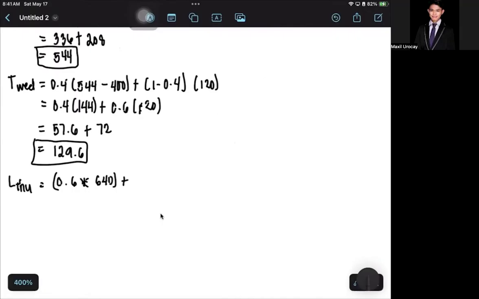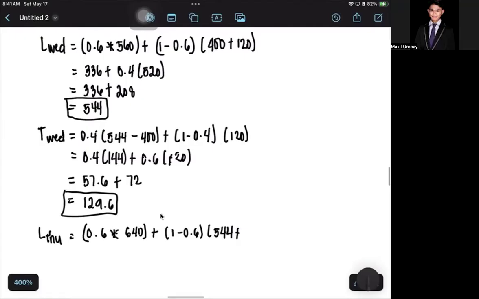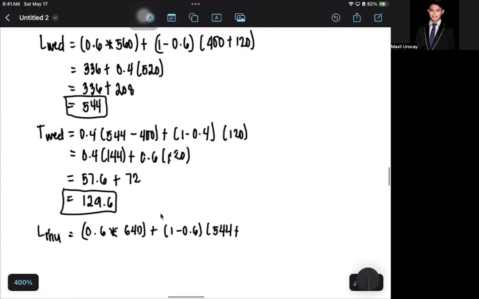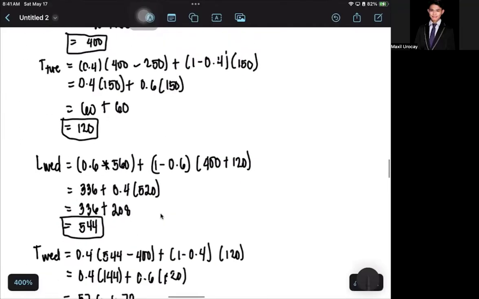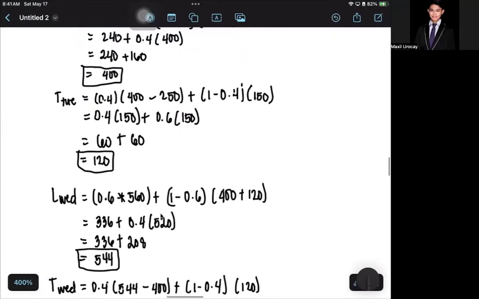And then plus 1 minus the smoothing parameter, 0.6, and then the previous level, which is 544, plus the previous trend. Yeah, that's correct. The previous level is 544 and the previous trend is 129.6. All right, that's correct.